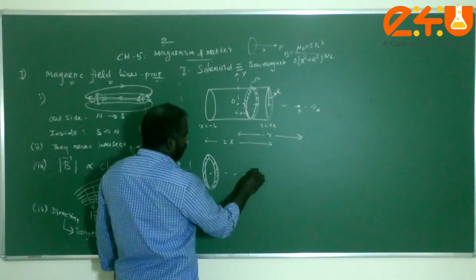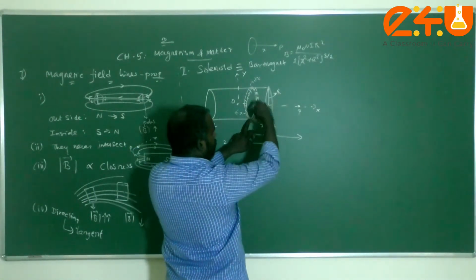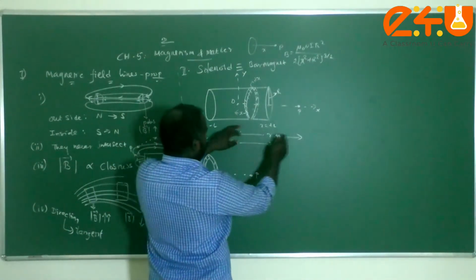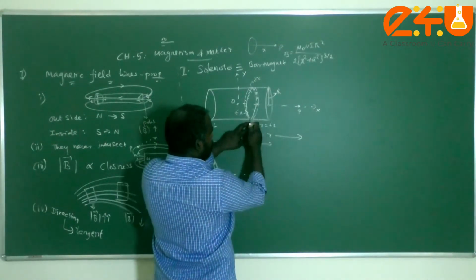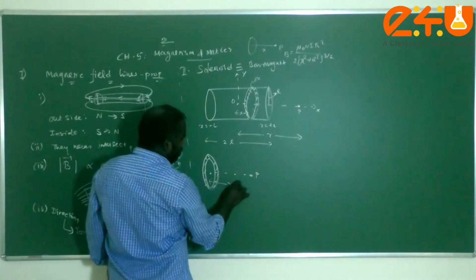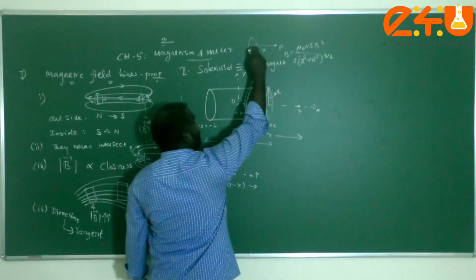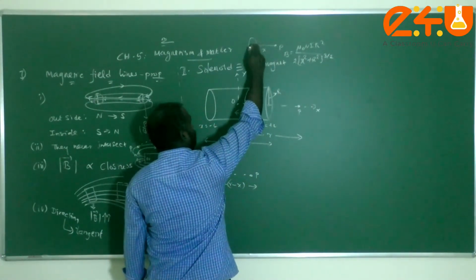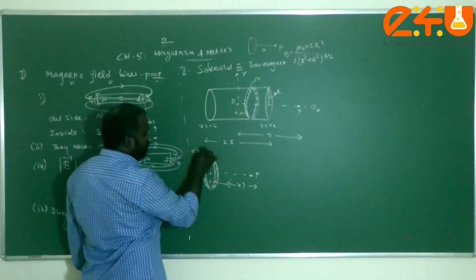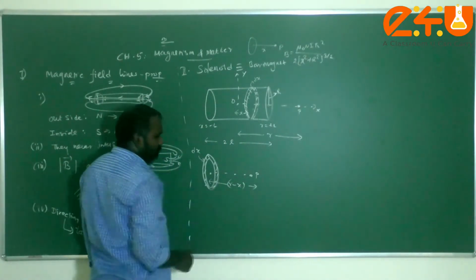From this center, the point P is at a distance, and from this diagram this will be R and this is x, so this distance has to be R minus x. So x in this formula represents the distance from the center of the circular coil to the measuring point. From this circular element of thickness dx, the distance of the measuring point is R minus x.